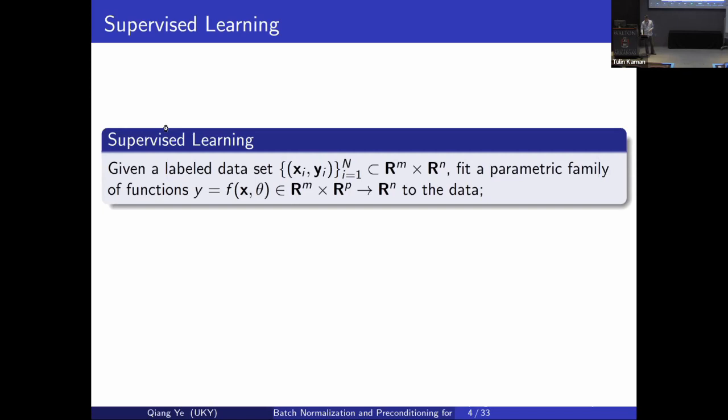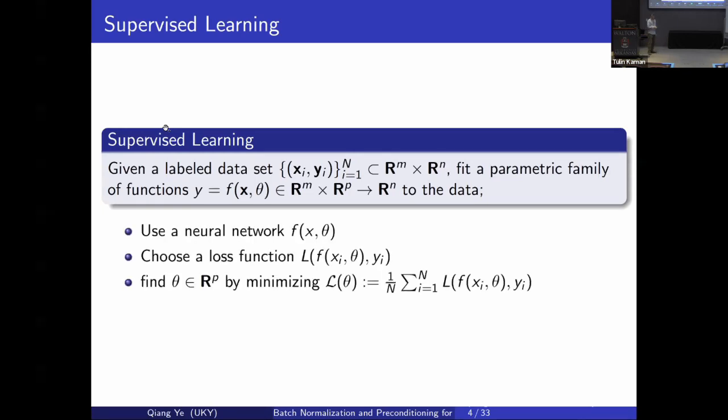That's all. To do that, we need three things. Basically, first we need a model. Linear regression would be a linear model. Here we're going to look at a model based on neural networks, and I will show you the neural network in the next slides. Once you have the model picked, say a neural network with certain structure, then we need to choose a loss function to fit the model to the data.